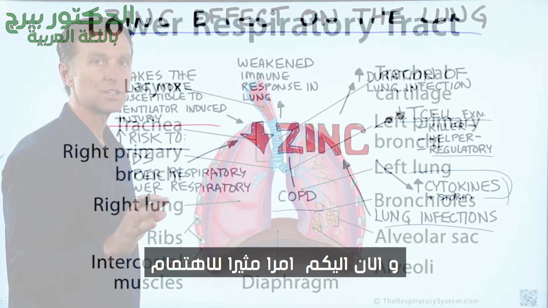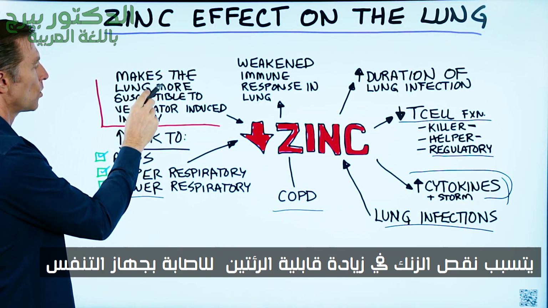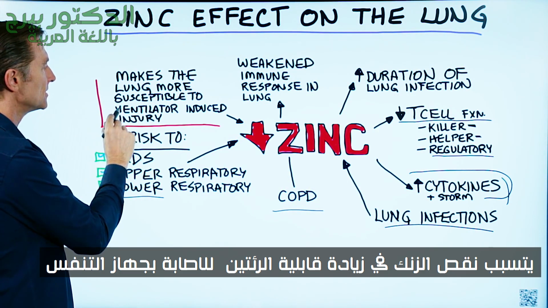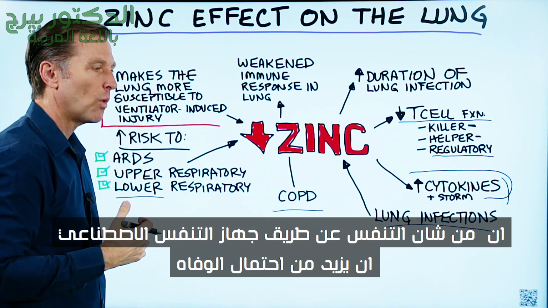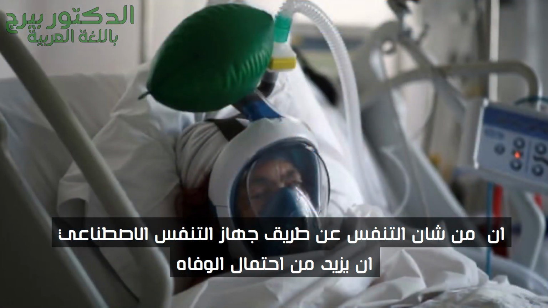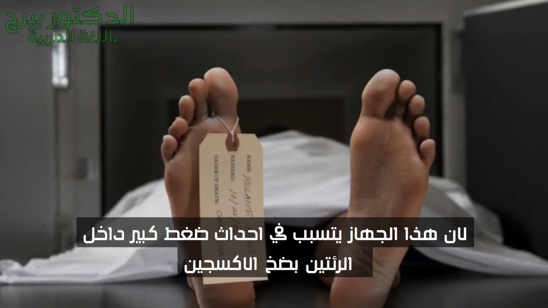Now, this next one is very interesting. Low levels of zinc can make the lungs more susceptible to ventilator-induced injury. When you get on a ventilator, which is a breathing machine, your risk of mortality goes up. The chances of you surviving are less.